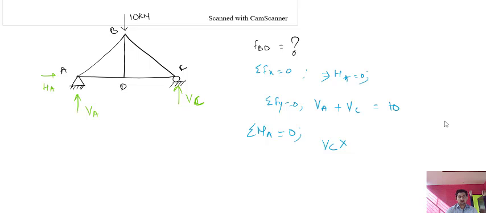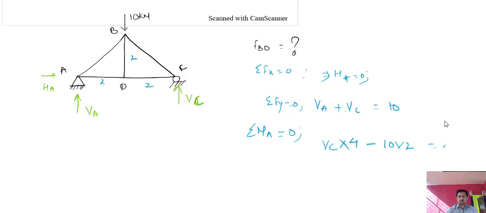So VC into this distance. Suppose it is not given here, so let us take some distance. Suppose we take it as 2 here and 2 here, and this is also 2. So VC into 4, and one will be minus 10 into 2.